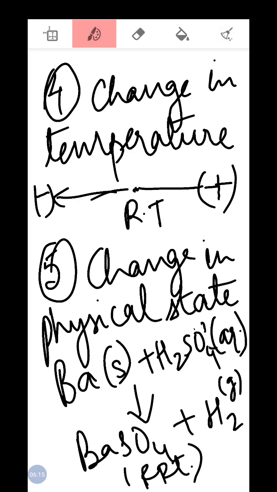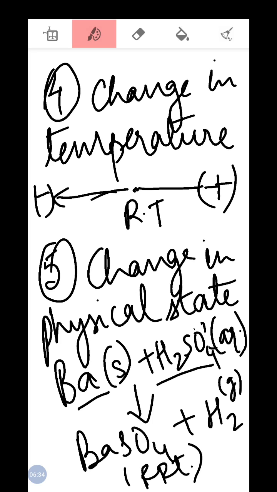In the case of reactants, barium was solid and H2SO4 was aqueous. When the reaction took place, barium sulfate, which was a product, was a precipitate. It was neither a solid nor a liquid. It was a semi-solid thing. And hydrogen was a gas.